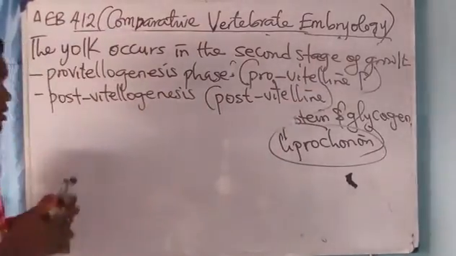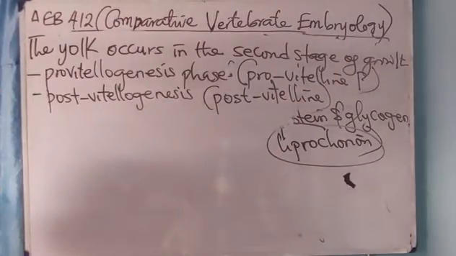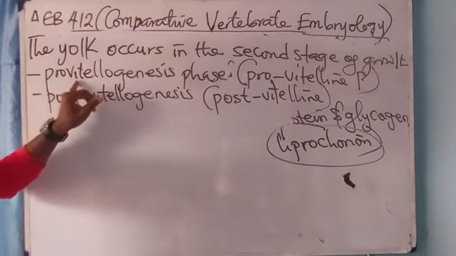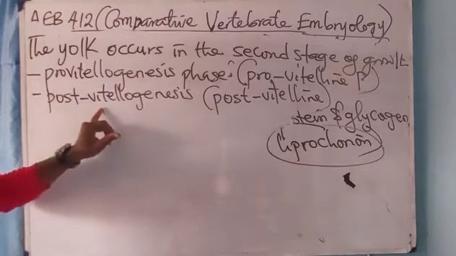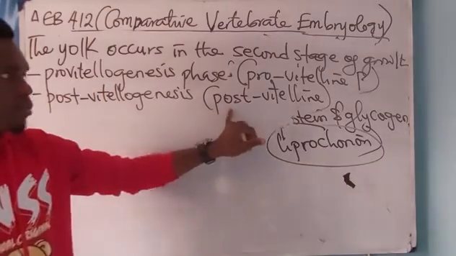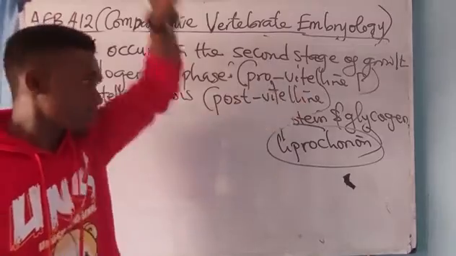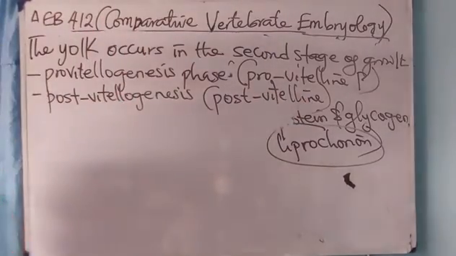Period. Now, since the yolk occurs in a second stage of growth, it is now divided into the vitelogenesis and the post-vitelogenesis, which is the post-vitelline period and the pro-vitelline what? Period. Take note of that.